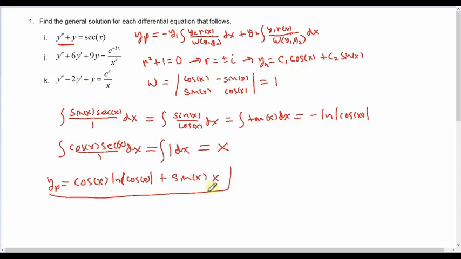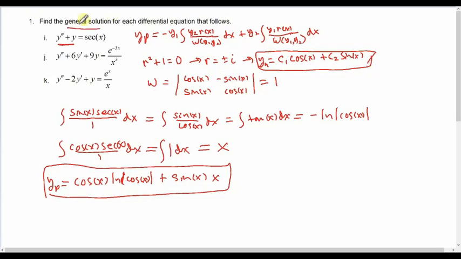There's your particular solution. Here's your homogeneous solution. So you just add those two together to get the general solution. And again, if you were given particular initial conditions, you could figure out these constants by plugging in the x and figuring out what the y would be. Like I said, these aren't much different.